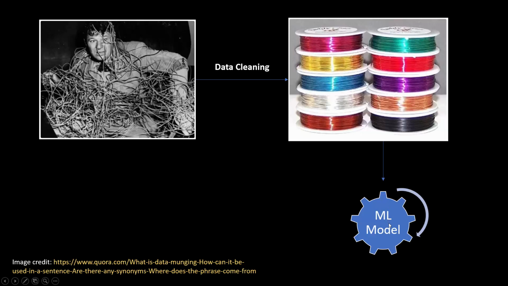A machine learning model will not work if the data is messy. Even if you're not using machine learning and doing simple data analysis, you still need to clean data. So data cleaning is very, very important, and that's where data analysts and data scientists spend most of their time. And feature engineering is something that helps you with data cleaning.